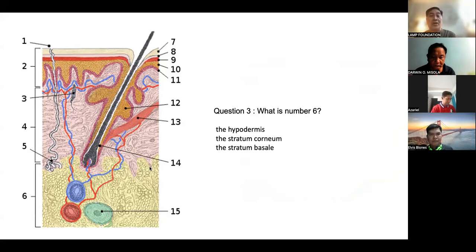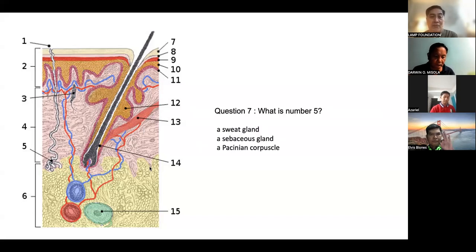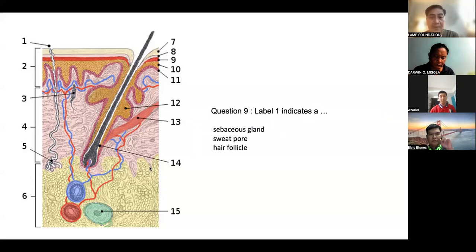The stratum corneum is indicated by label. Label 11 indicates. Okay. Which label indicates a hair follicle? What is number 5? The sebaceous gland is indicated by label. Label 1 indicates.